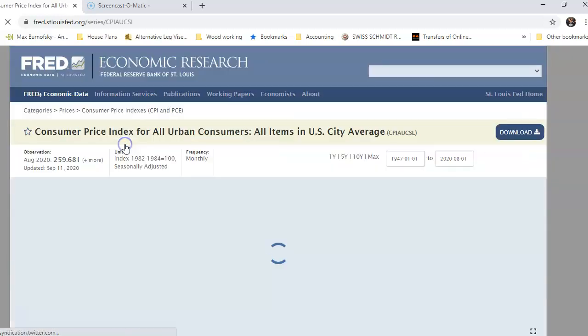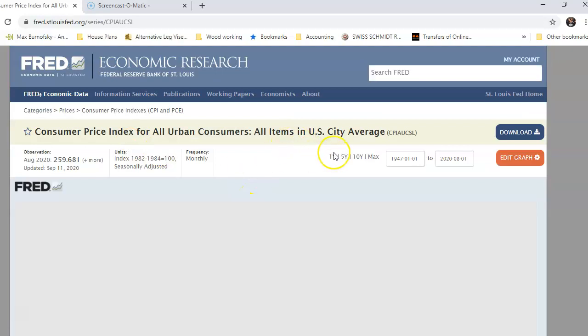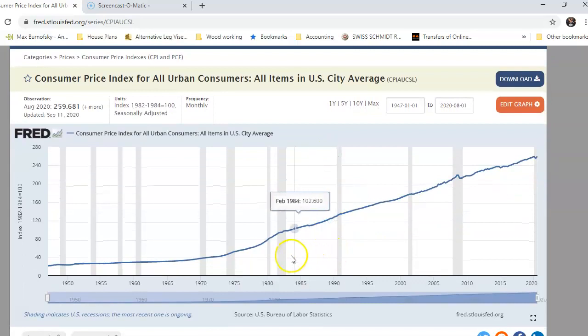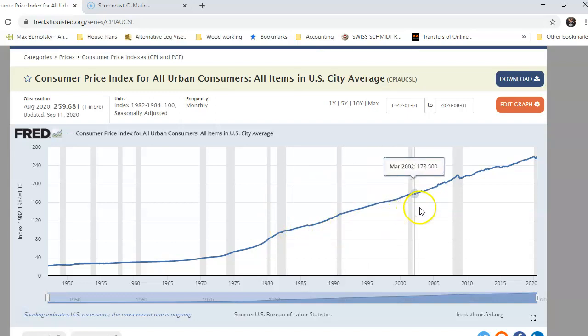I'm just moving around right now, to see what type of data. So this is the consumer price index. This is a measure of one of those economic indicators that we talked about for all urban consumers and all items, US city average. And you can see since the 80s, there has been a steady trend of the CPI moving up as we go through time.